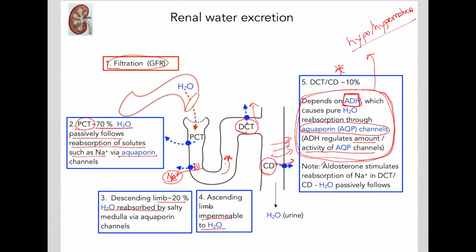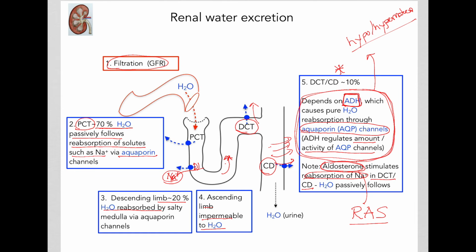Another hormone is aldosterone. We'll talk about this in the future too. This is part of another very important system called the renin-angiotensin system. Aldosterone stimulates the reabsorption of sodium in the distal convoluted tubule as well as the collecting duct.